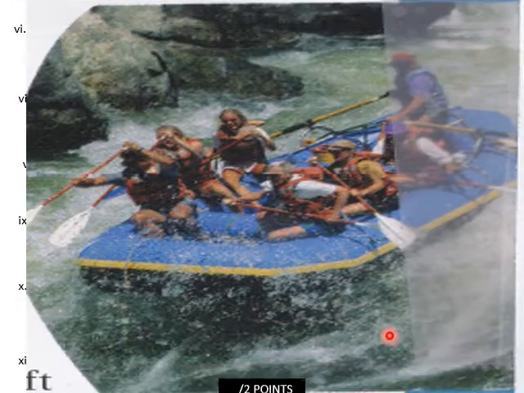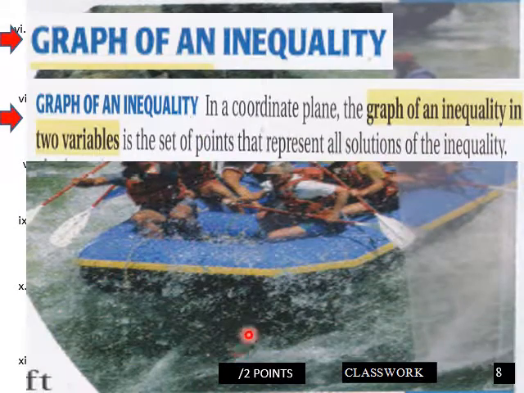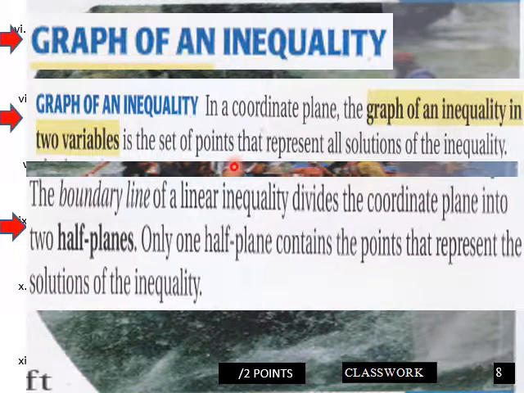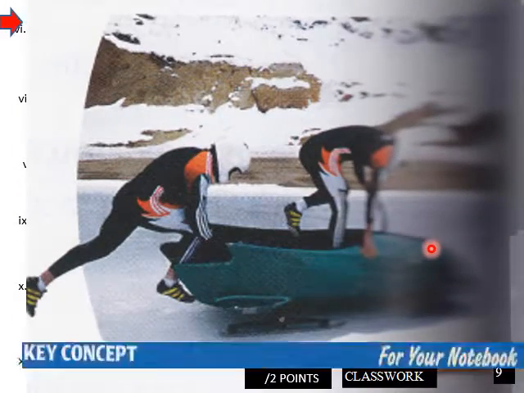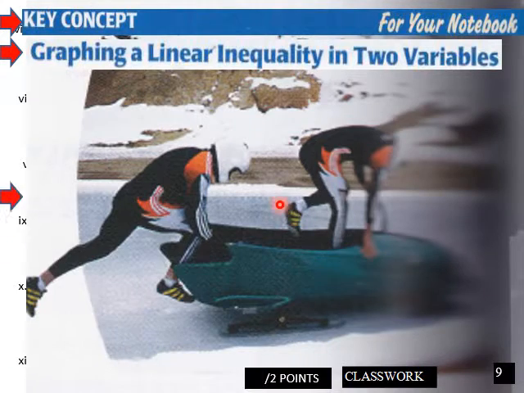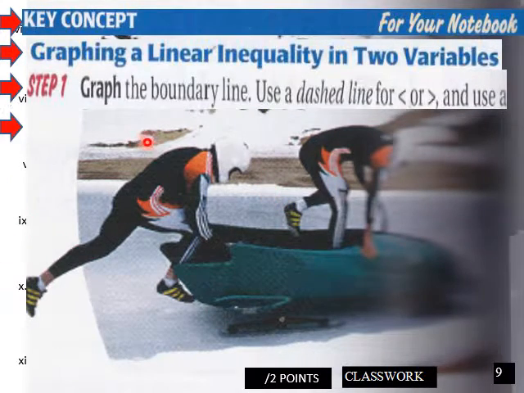Yes, it's a solution. Okay, the graph of an inequality in two variables is a set of points that represent all solutions of the inequality. The boundary line of a linear inequality divides the coordinate plane into two half planes. One half plane contains the points that are solutions of the inequality. So, graphing a linear inequality in two variables.